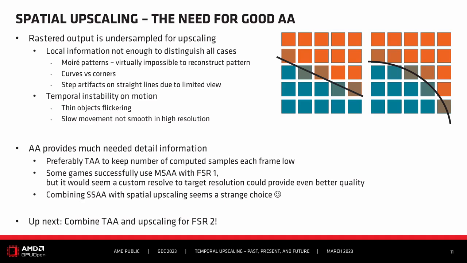So there's three commonly used anti-aliasing solutions in games. First, there's super sample anti-aliasing, where you render the game first in a high resolution and then downscale it and then use our upscaler to upscale again. So it doesn't really make sense, right? The second one is MSAA. We've seen MSAA being used with our FidelityFX Super Resolution 1 and it works quite well.